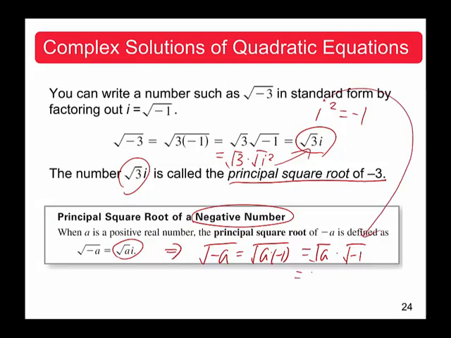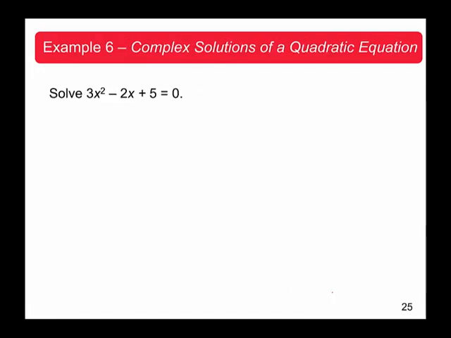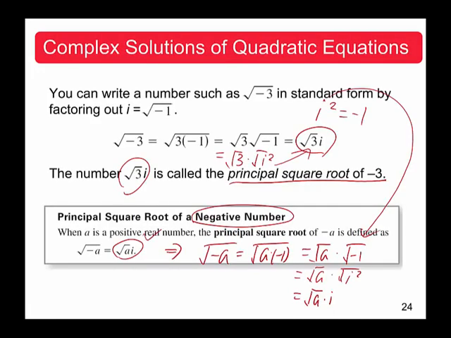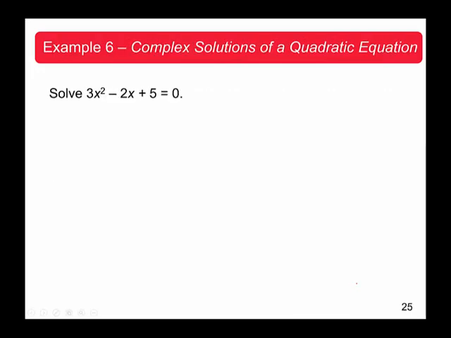Okay, so it's radical a times radical i squared, and it becomes radical a times i. All right, and that's how we get this simplified version, radical a times i. Okay, so now once we have these useful tools, we can try to solve this. Again, this particular quadratic equation has no real solutions. You can go through regular channels, you won't find real solutions.